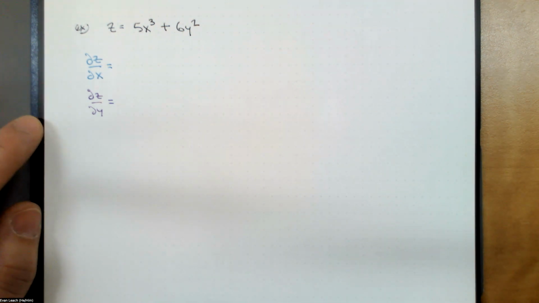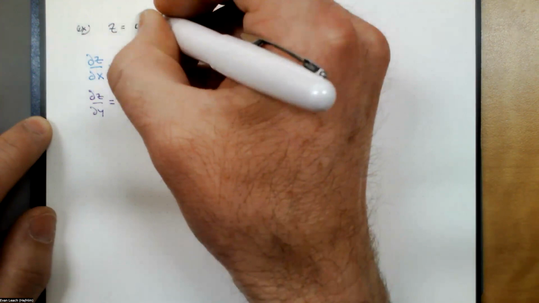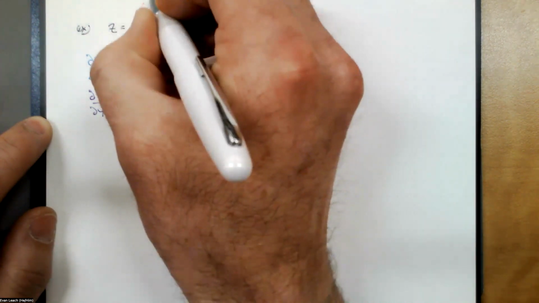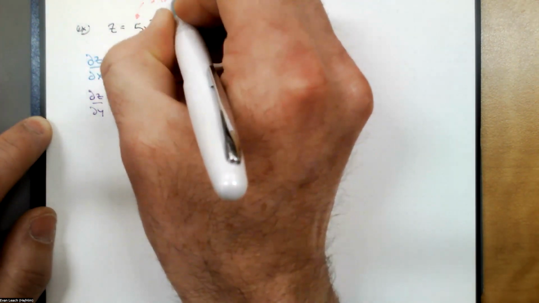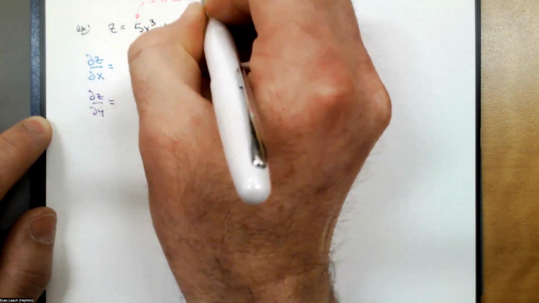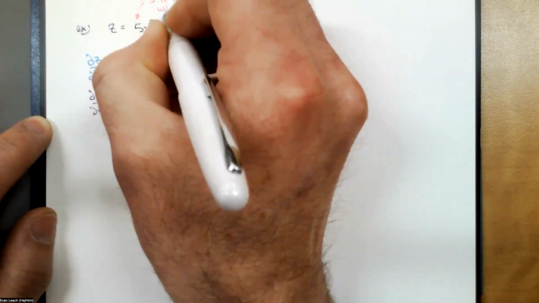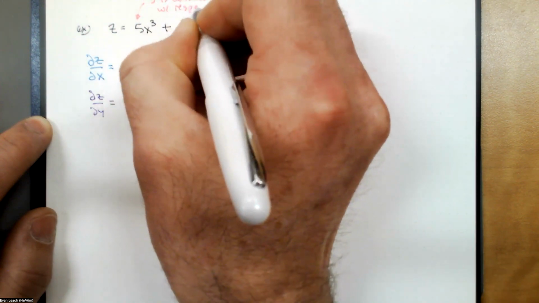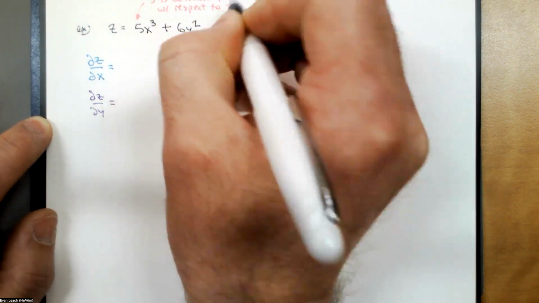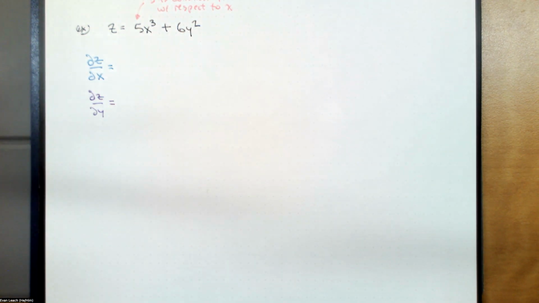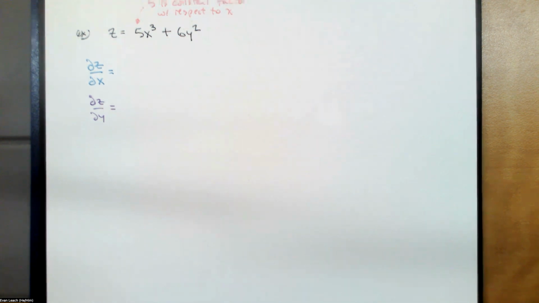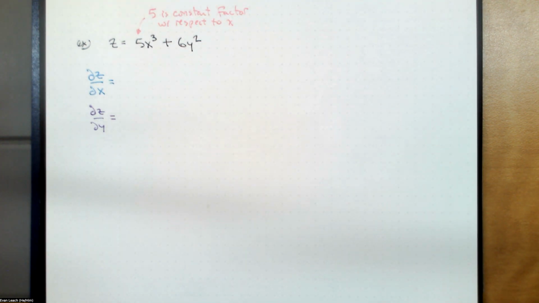So in this case, 5 is a constant factor. With respect to x, we have multiple derivatives, so we can't just say the derivative of. It's got to be with respect to something. But the 6y squared is a constant term. The 6 and the y squared all mashed together.